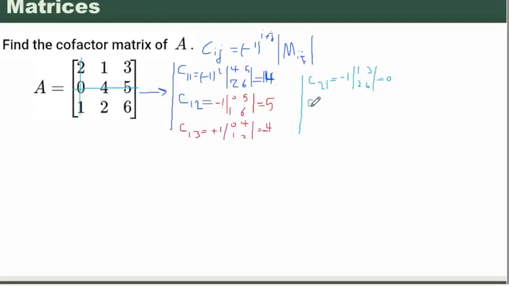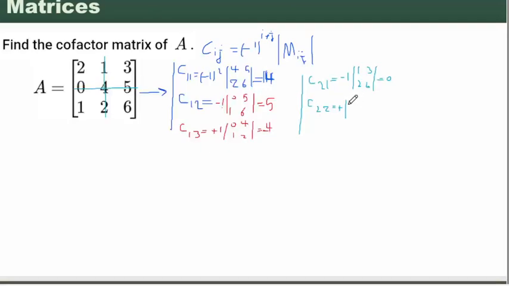I will go for element 2, 2, which is negative 1 to the power of 2 plus 2, which is negative 1 to the power of 4. So it gives me positive 1. Determinant of the matrix obtained by deleting second row and second column.